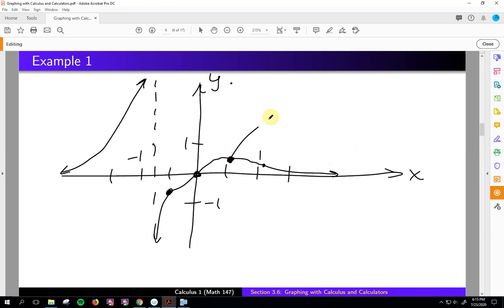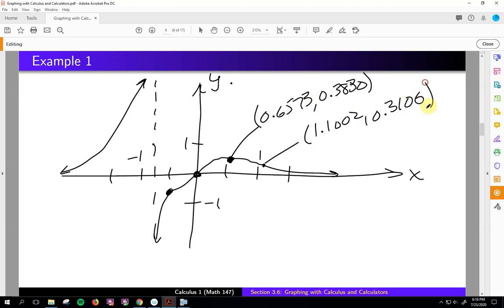So this maximum, for example, is at 0.6573. We read that off the sign chart. The y value we get out by what I was just talking about is 0.3830. We have the location of these inflection points. Like this one here, for example, is 1.1002, comma, 0.3106.